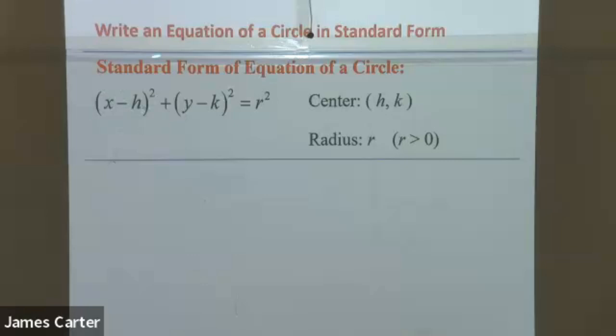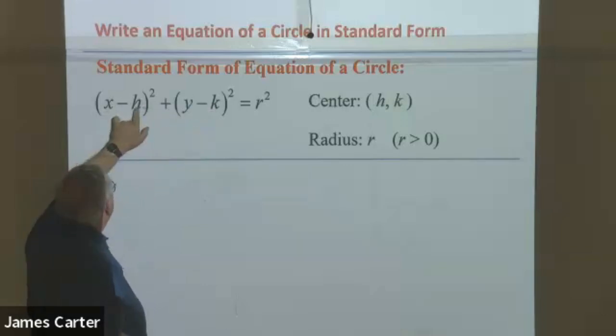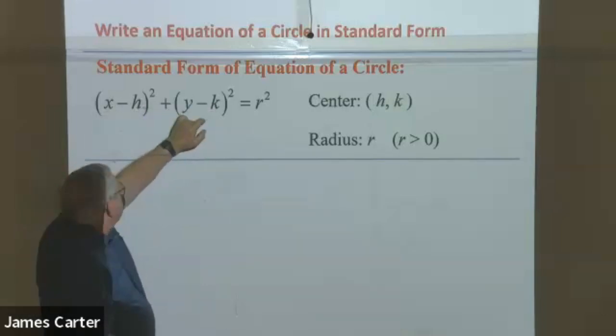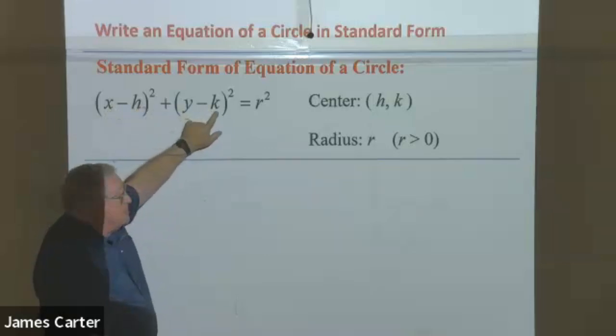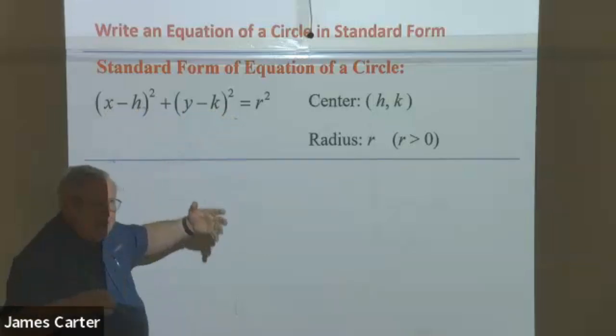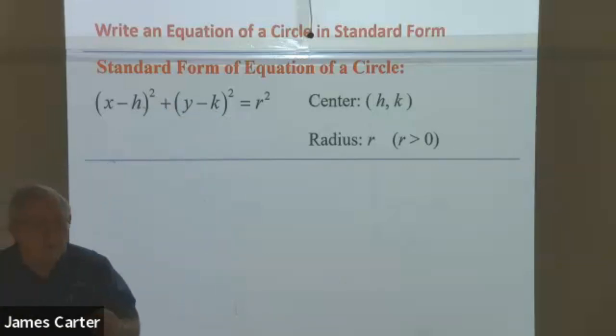Okay, what in the heck does this business mean? Well, see this h and k right here? Instead of x sub 2 minus x sub 1 and y sub 2 minus y sub 1, they've got x minus h, y minus k. It's kind of similar, and those are in turn squared.